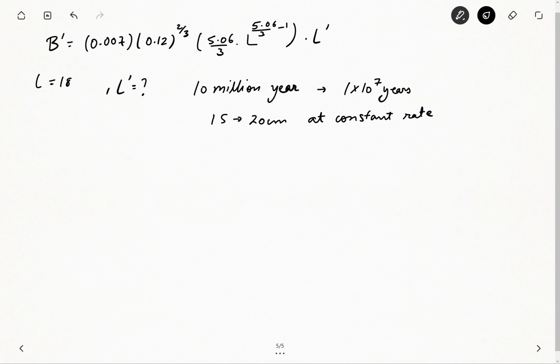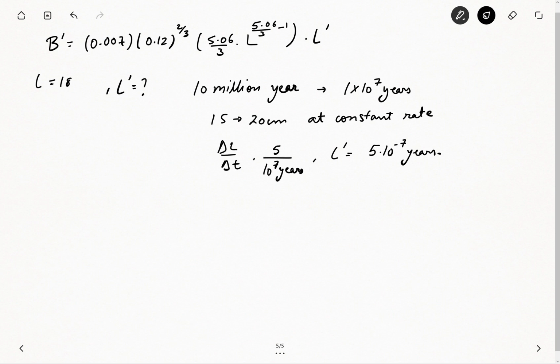When you have a constant rate, it goes uniformly throughout, right? So the rate of change of L can be defined as the change in L over the change in time. The change in L was 5 centimeters, and that happened over a span of 10 to the 7 years. So essentially you can write your L prime as 5 times 10 to the negative 7 per year.